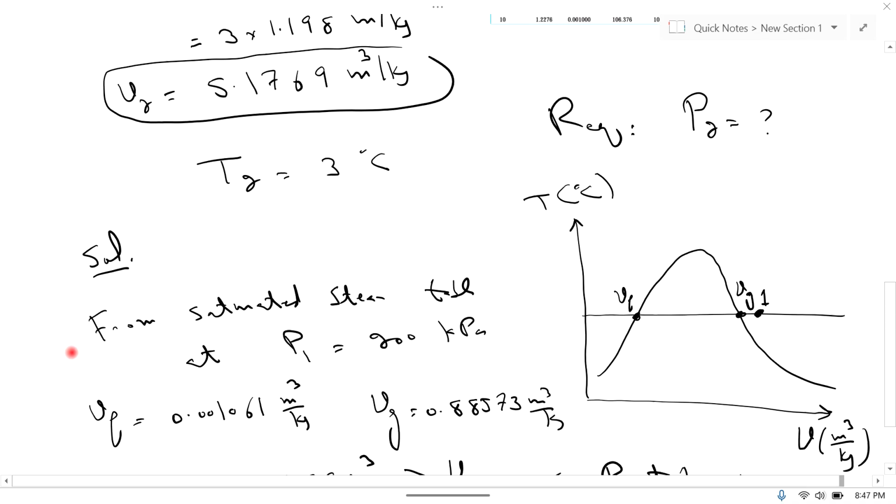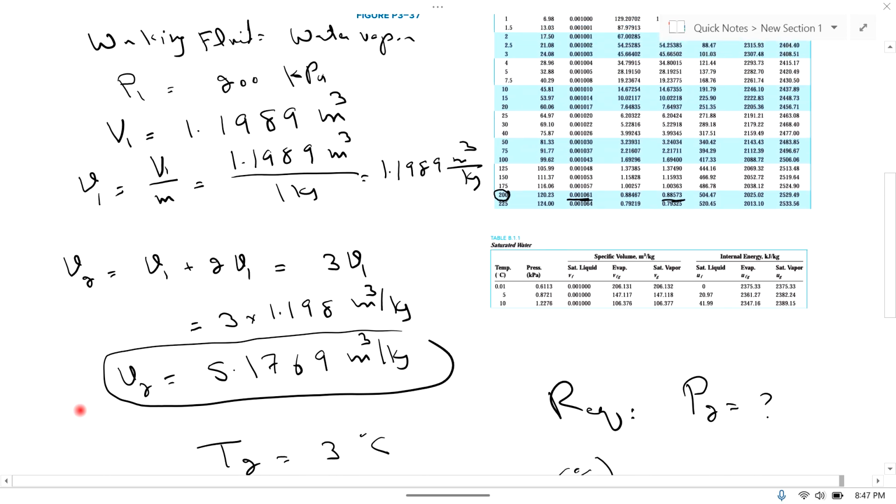But if we check the steam table, 3 degrees centigrade is not available. Here, 0.01 degree centigrade and 5 degrees centigrade are given to us. In front of 5 degrees centigrade, these are the values of Vf and these are the values of Vg. So let's check this one.